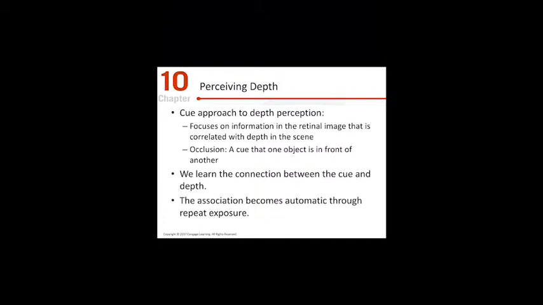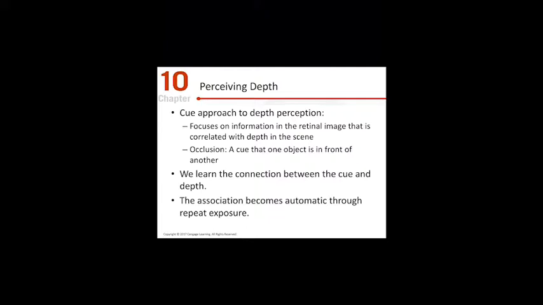So over time, we're learning these connections between the cue and depth, and then it becomes automatic. When you do it every day, all day, for all of your life, it becomes one of those very automatic processes where you don't need to sit and think about it.